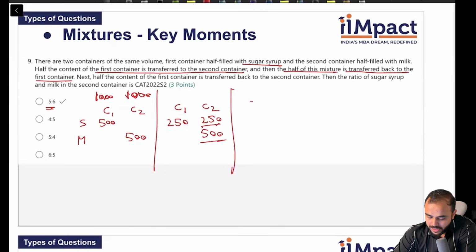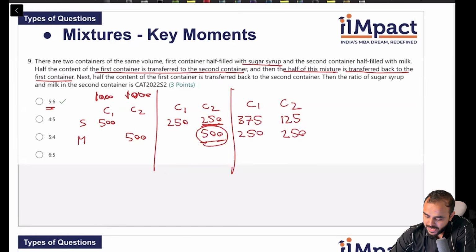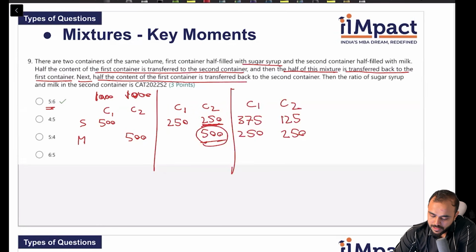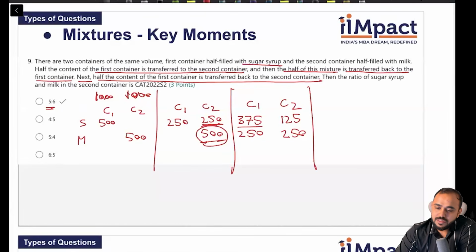So 250's half will go away, which is 125. So this becomes 375 and this becomes 125. And similarly, half of milk will also go away. So this becomes 250 and this becomes 250. Next, half of the content of the first container is transferred back to the second container. So half of 375 is transferred back. So this becomes what?